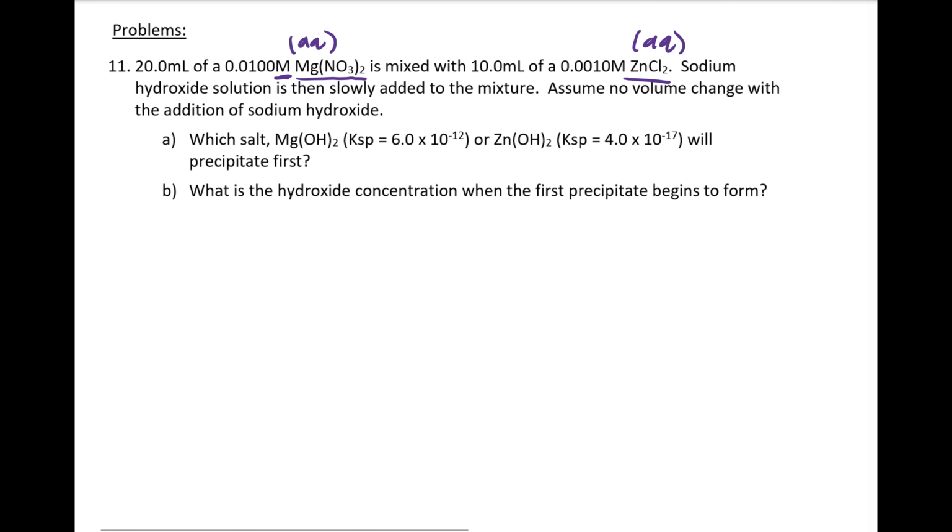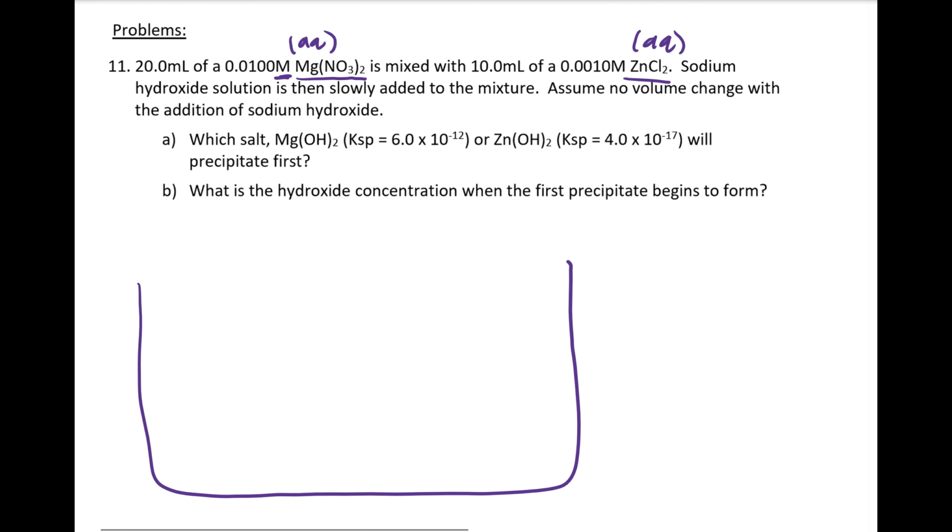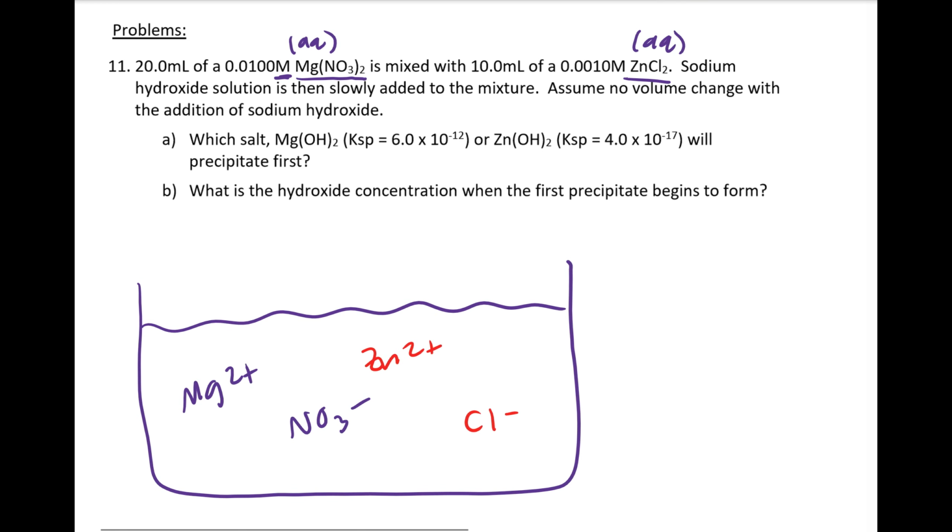Let's get a picture of what's happening. We're taking 20 milliliters of magnesium nitrate. So we have water, and inside of there we've got magnesium ions and nitrate ions floating around. Then we're mixing it with zinc chloride solution, so I've got zinc ions and chloride ions floating around in the solution.